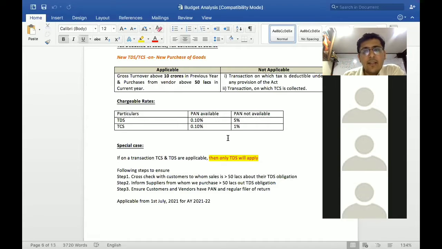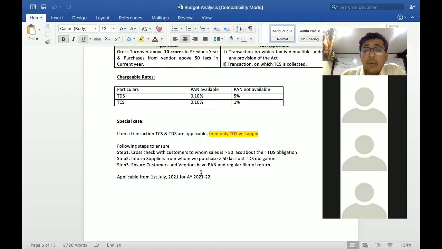And the third important thing: if everybody has a GST number, it is attached to PAN, so we are rest assured that the PAN is available. But if not, we have to check whether they have a PAN, because if they have a PAN, the rate will be 0.1% and it won't be 5% or 1%, right? This is something I thought can be used as part of the implementation program.